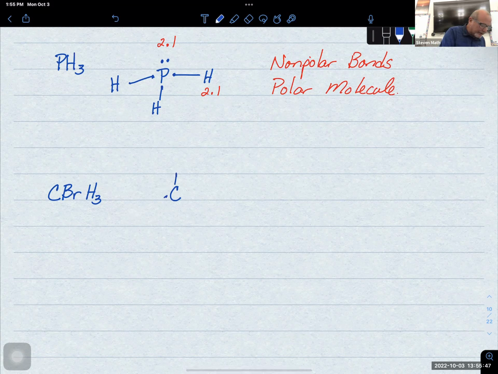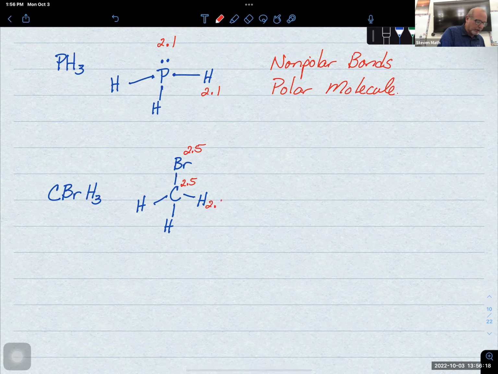And now it doesn't matter where you put things. Put the Br up top and put the H's down below. And this is a good looking Lewis structure. Doesn't matter where you put them. Remember, this is not 2-dimensional. This is a tetrahedral. Everybody is equal space apart. So if that's the case, let's look at our values. Carbon is 2.5. Bromine is 2.5.